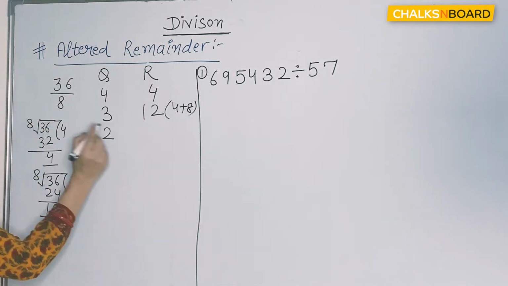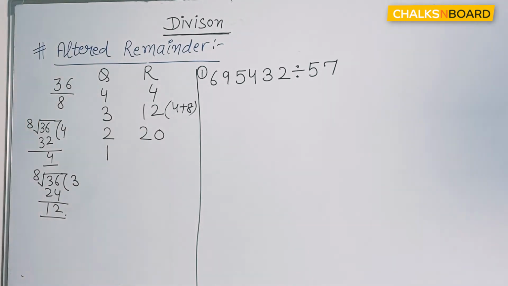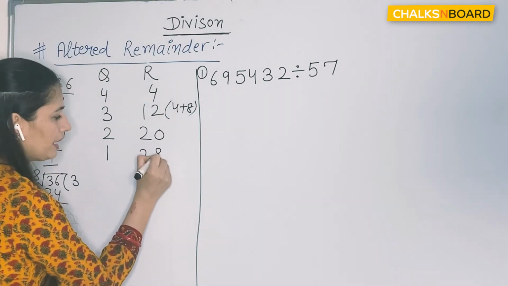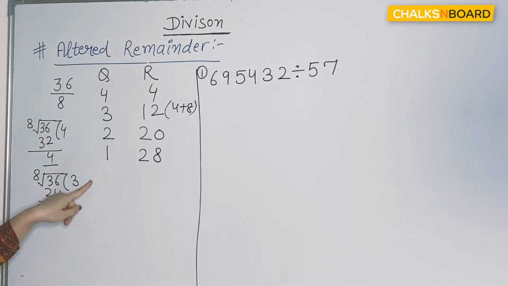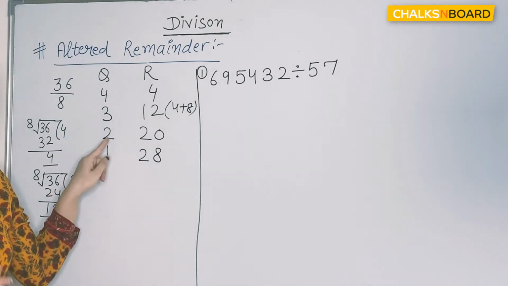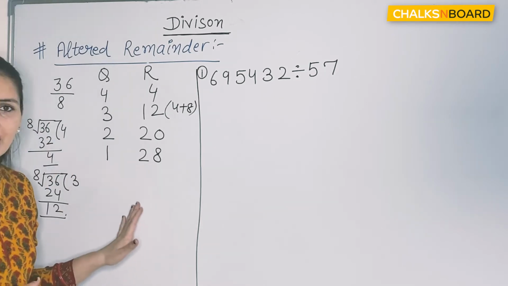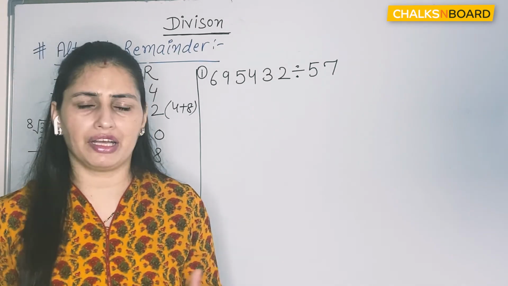That is 12 plus 8, 20. In the same way, if we want our quotient to be 1, then our remainder will be 28. That means as we decrease the quotient by 1, our remainder increases by the divisor, that is 8. So this is the altered remainder, which is one variation and we can apply it anywhere.